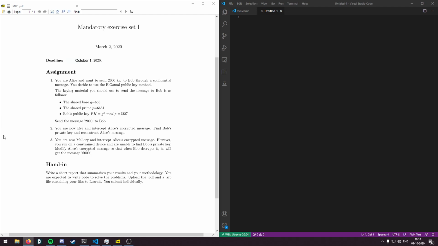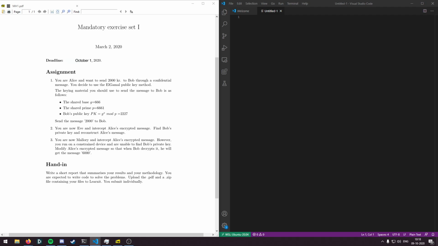So let's see what we have to do. Diffie-Hellman, attack. Okay, so anyway, if no one can tell me where the Elgamal slides are, I'll just go with the flow then.